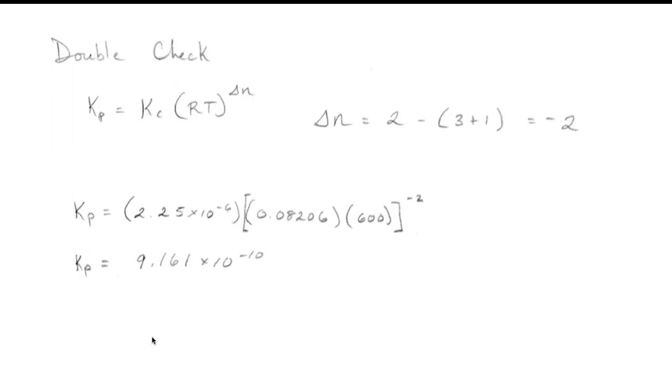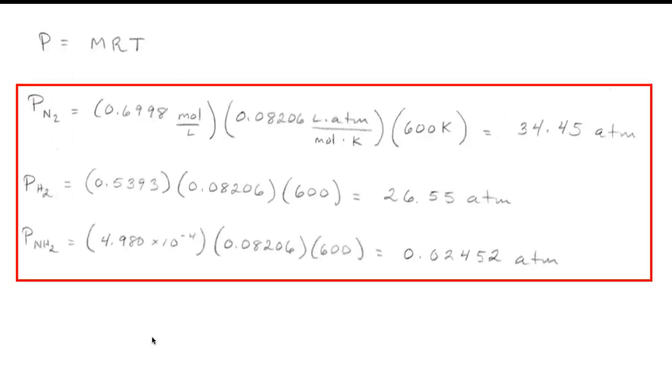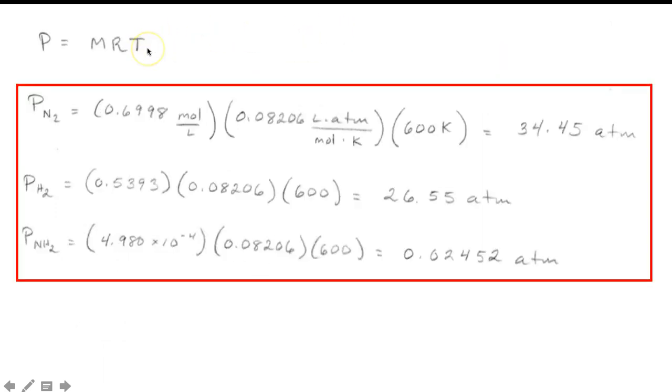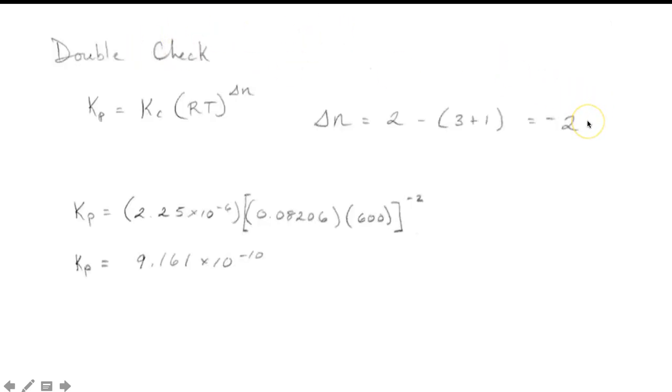We know Kp is equal to Kc times RT raised to the delta n. We've already talked about that the delta n of this reaction is -2. The reason for that, if we look up here, is the number of moles of the balanced chemical equation of the products minus the reactants. So 2 minus 3 minus 1, -2.